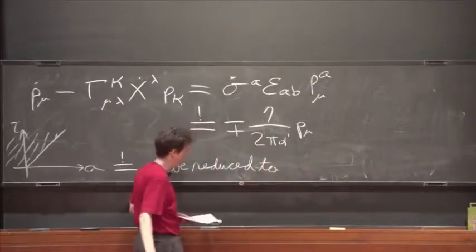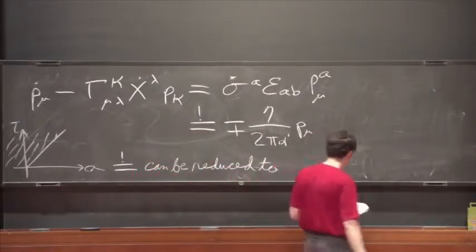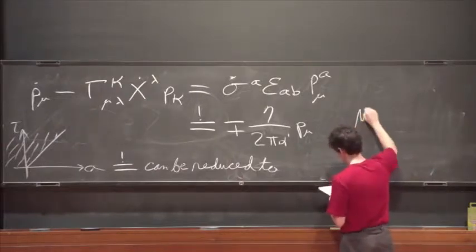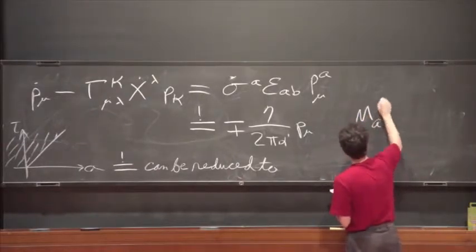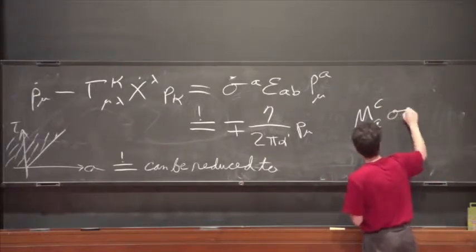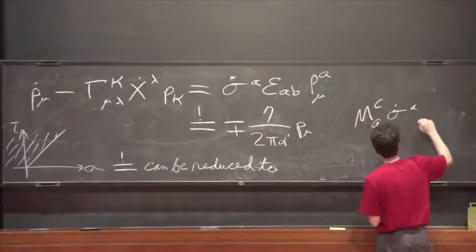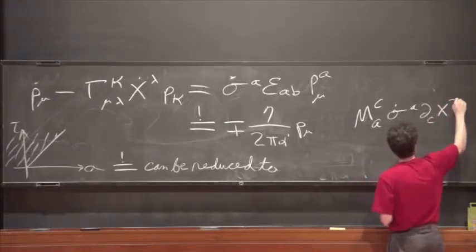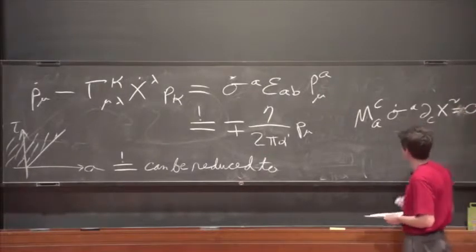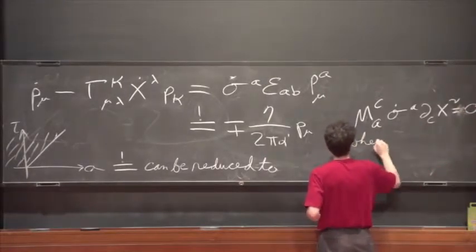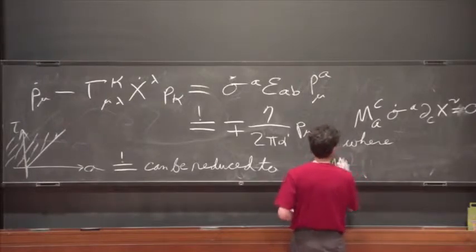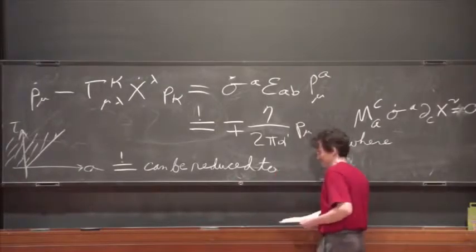And I claim that it's not hard to see that you can reduce it to the following simpler form. Where, I think I better have a bit more room to write down M^A_C.